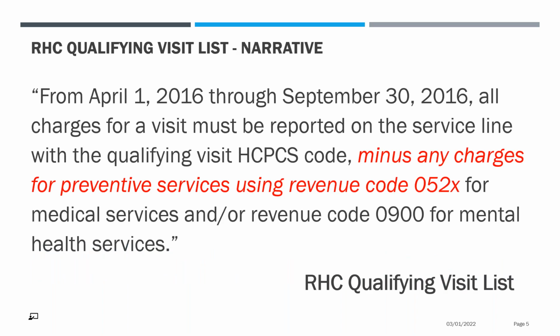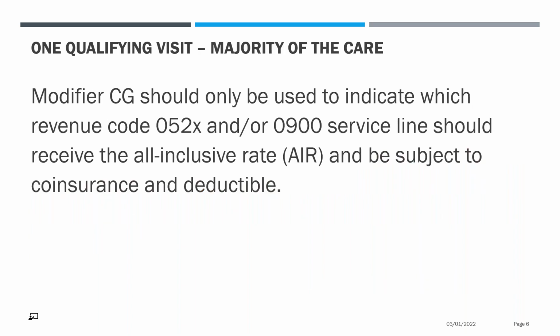And I don't want to go into any of these things in depth other than to lay a baseline for where a lot of this language and guidance is coming from and to make sure we know what we're talking about when we say modifier CG goes on our qualifying visit for revenue code 52X or a 900 behavioral health service, and that is going to represent the line item that Medicare takes co-insurance and deductible from.